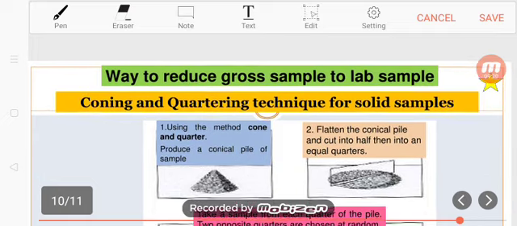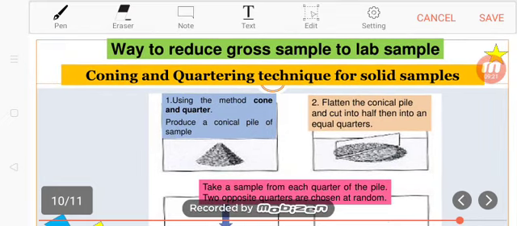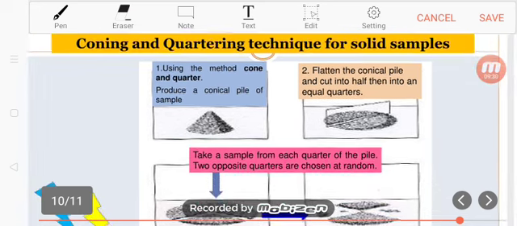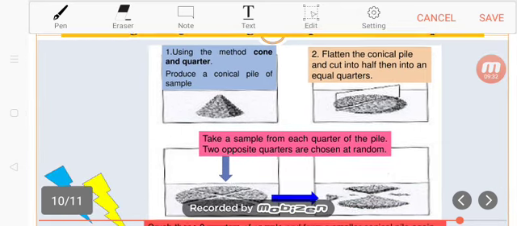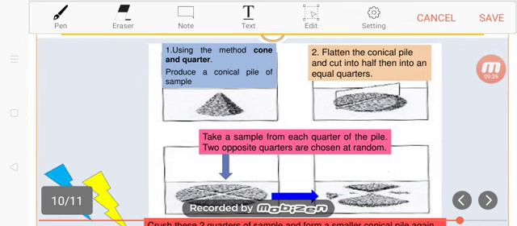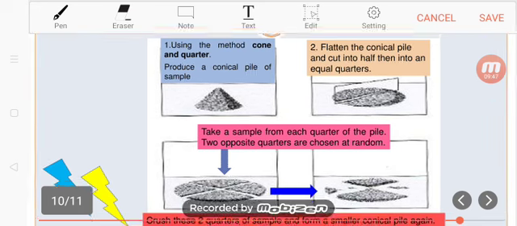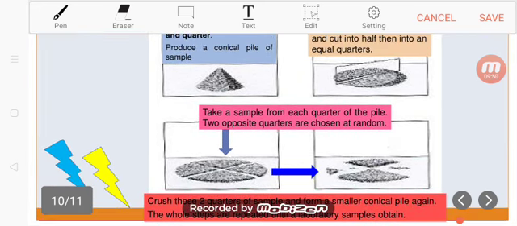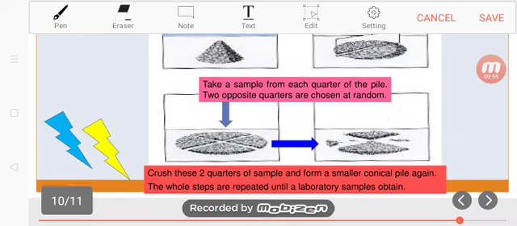So this is the way to reduce the gross sample to a lab sample using the coning and quartering technique for solid samples. First, using the cone and quarter method, you need to produce a conical pile of the sample. Second, flatten the conical pile and cut it into half, then into equal quarters. Take a sample from each quarter of the pile. Two opposite quarters are chosen at random.